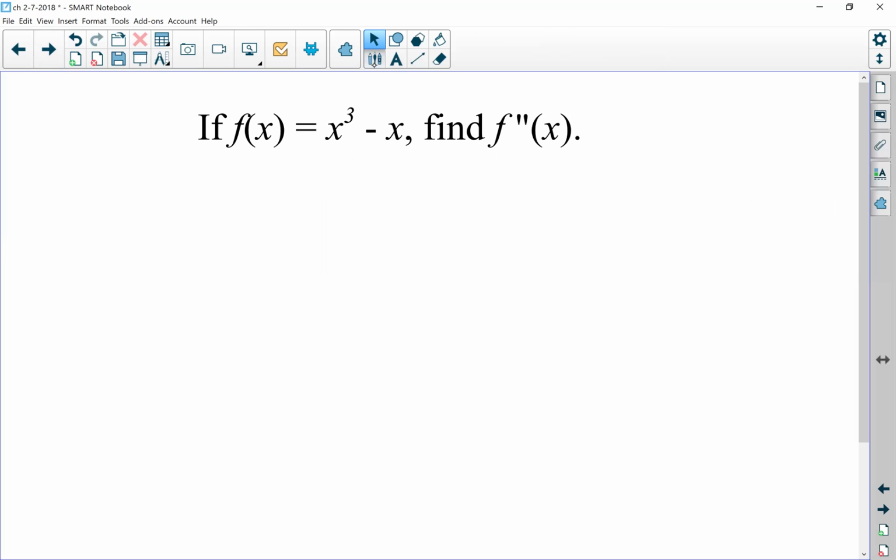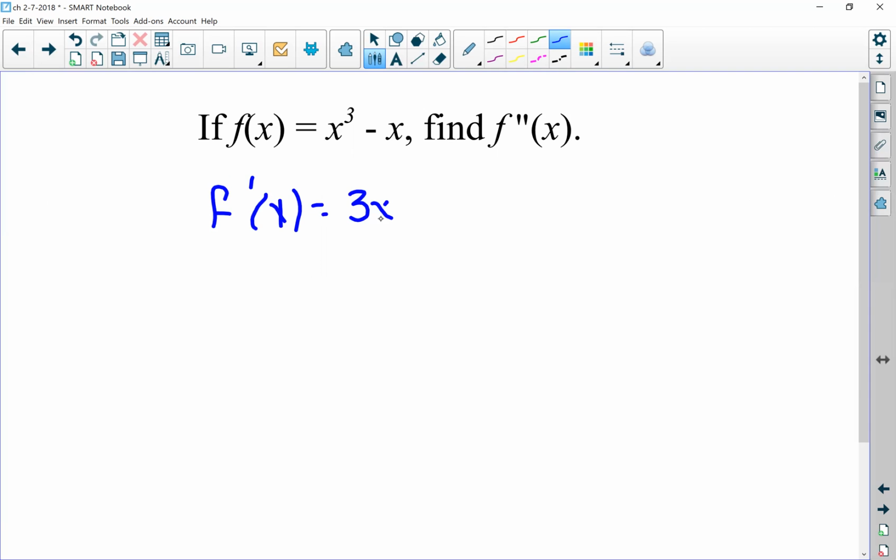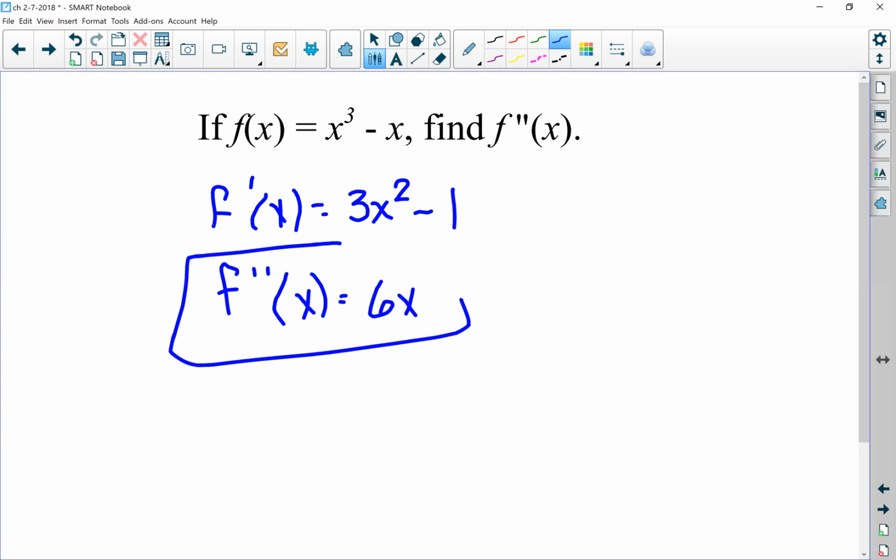So we can find f prime of x using our rules for the power function and for sums and differences. The same rules apply when we take the second derivative. And so our second derivative of x cubed minus x would just be 6x.